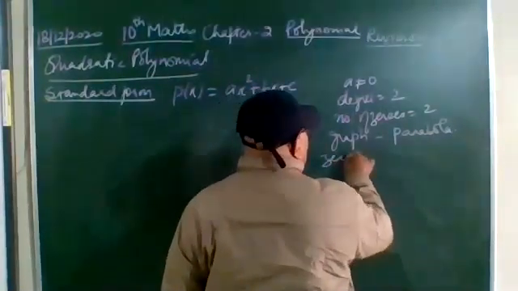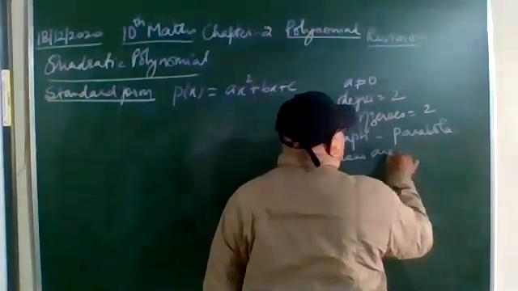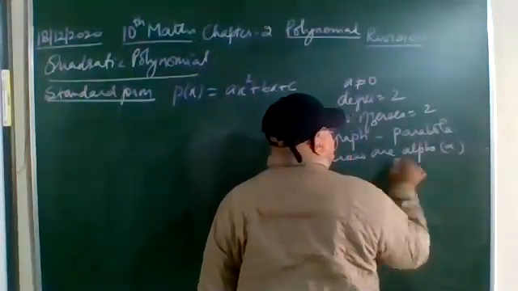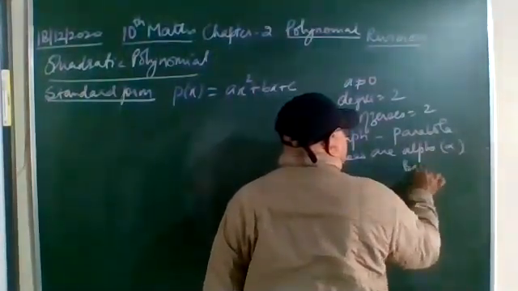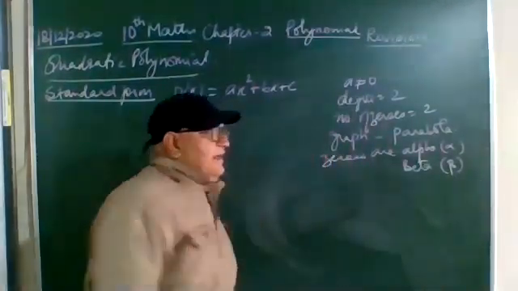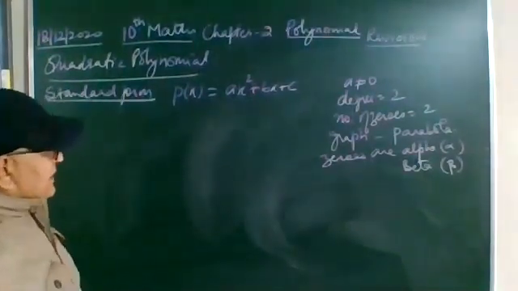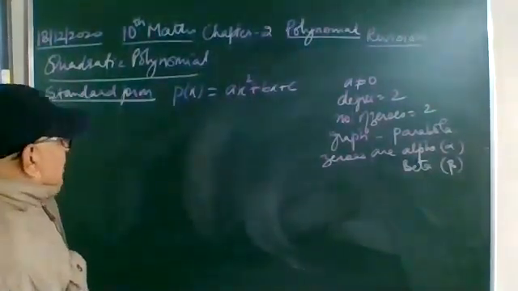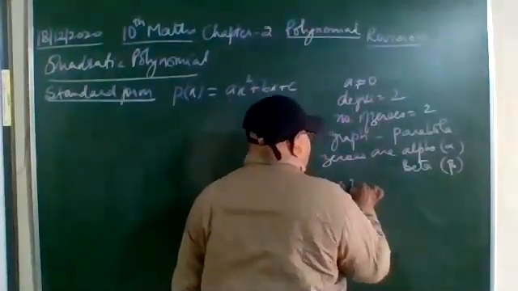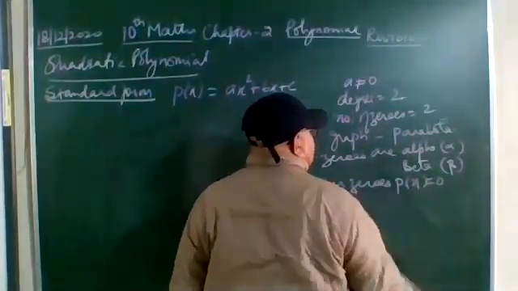Zeros are alpha and beta. So a quadratic polynomial has two zeros. One is alpha, another is beta. When we talk about zeros, p(x) equal to 0 is the condition.